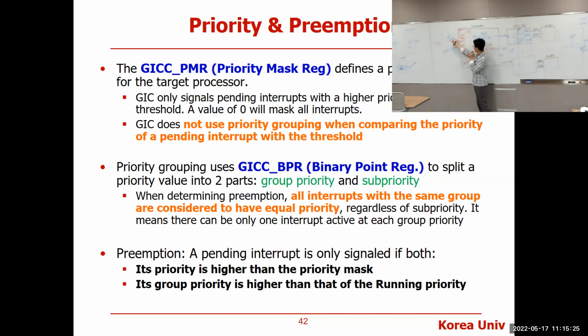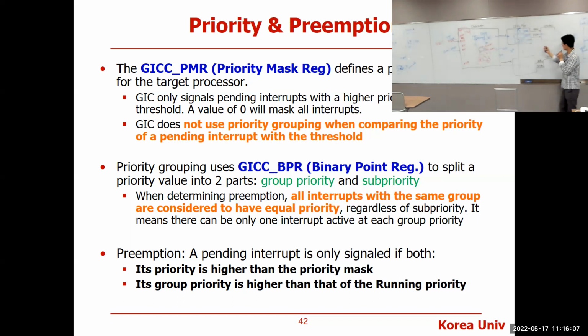GIC recognizes that interrupt, then figures out that the timer has a higher priority, so that interrupt will be forwarded to the CPU interface. But the problem is that the CPU is in the middle of handling the UART interrupt, so the end of interrupt has not been updated yet. Almost at the end of the UART handler, you are supposed to update end of interrupt, informing that you are done processing the UART interrupt.